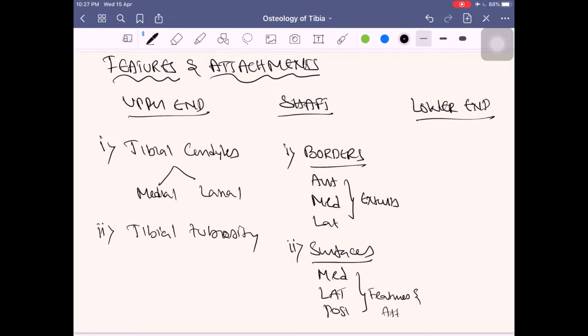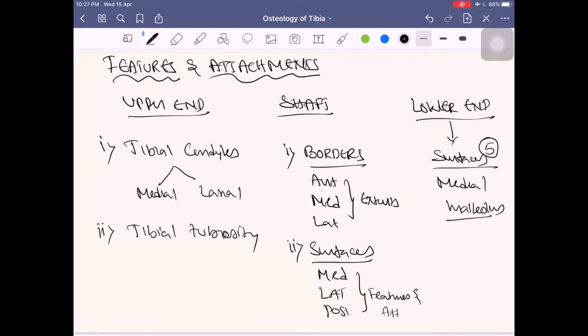On the lower end, we will talk about the different surfaces. The lower end has 5 surfaces, and one of the surfaces bears the medial malleolus. We will talk about all those 5 surfaces, the medial malleolus, and the structures attached to it.